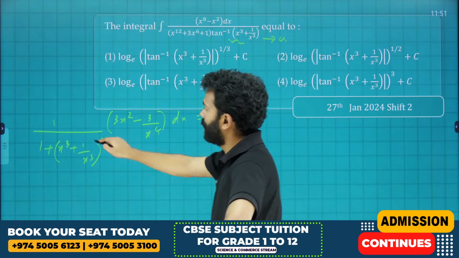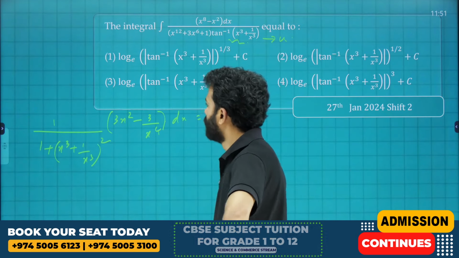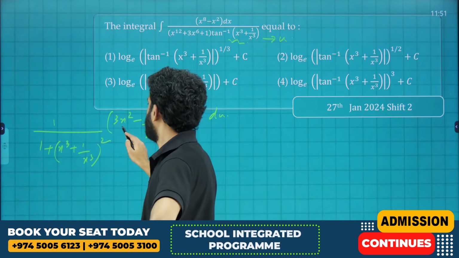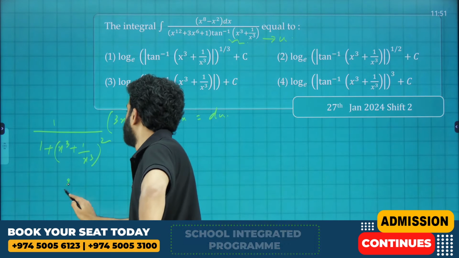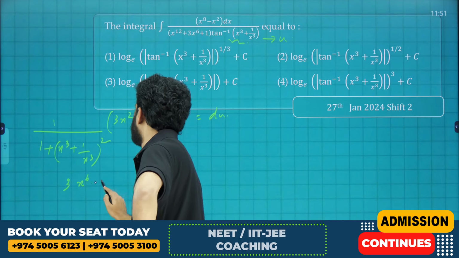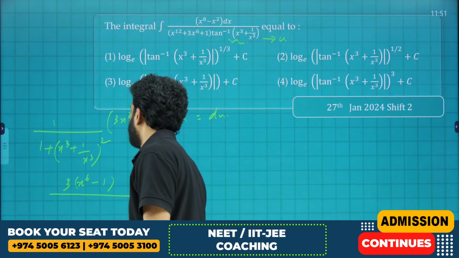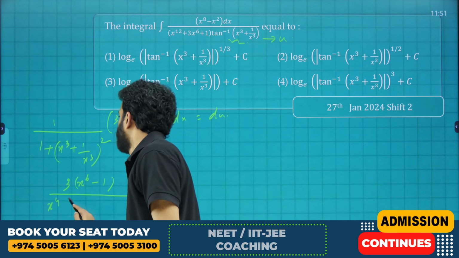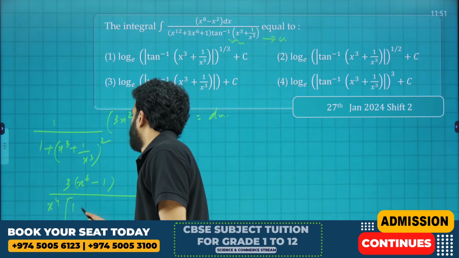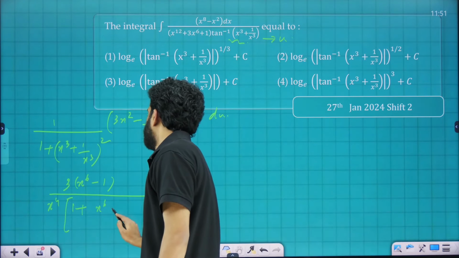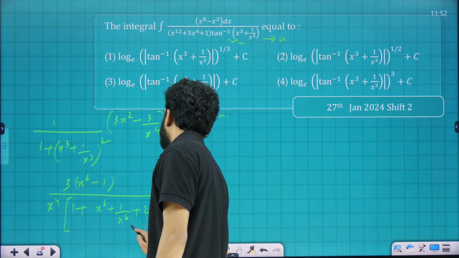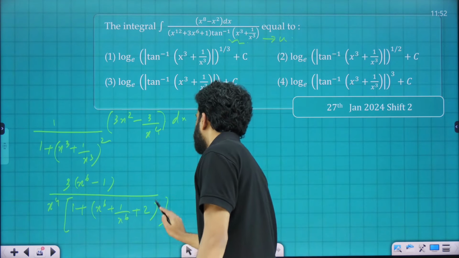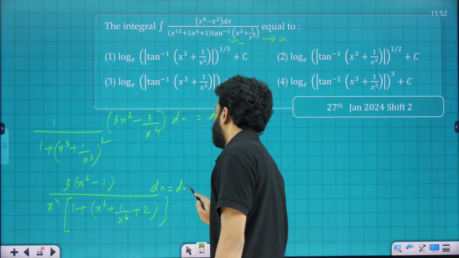Let's expand this and formulate everything. You will get the numerator as x raised to 4 into 3 into (x raised to 6 minus 1) divided by x raised to 4 into (1 plus x raised to 6 plus 1 by x raised to 6 plus 2), into dx is equal to du.